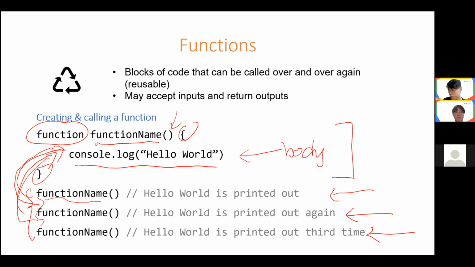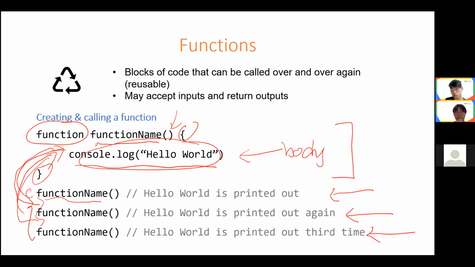So you can see where the reusability comes in, because I only have to write the function name with these brackets in order to execute whatever is inside the body of the function. You can imagine that the function can contain a lot of code.